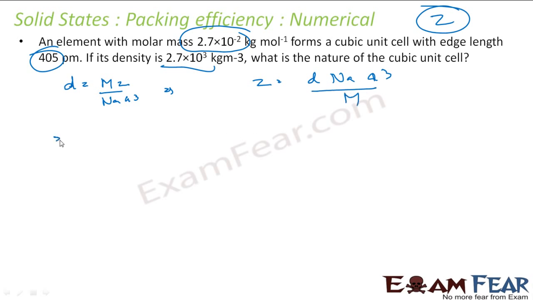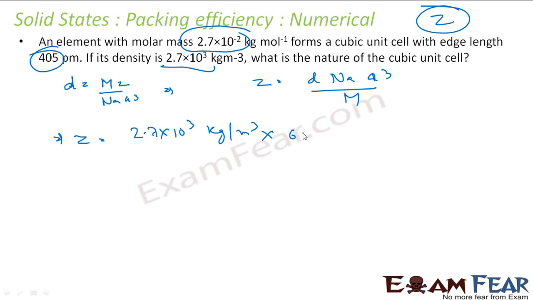So let's put the values in the formula now. Z is equal to, D is what? Density is given, 2.7 into 10 to the power 3 kg per meter cube. So everything is in kg units. Let's put that: 2.7 into 10 to the power 3 kg per meter cube into Na.